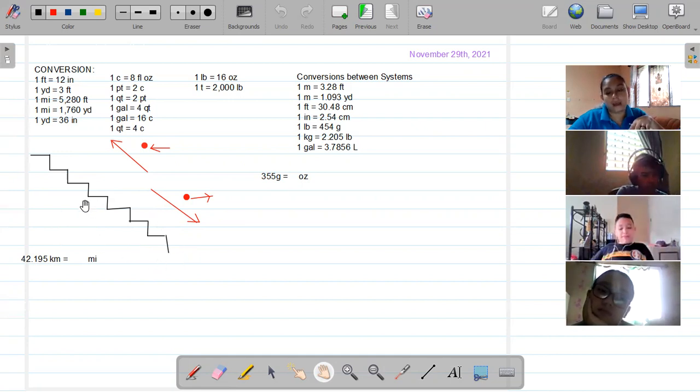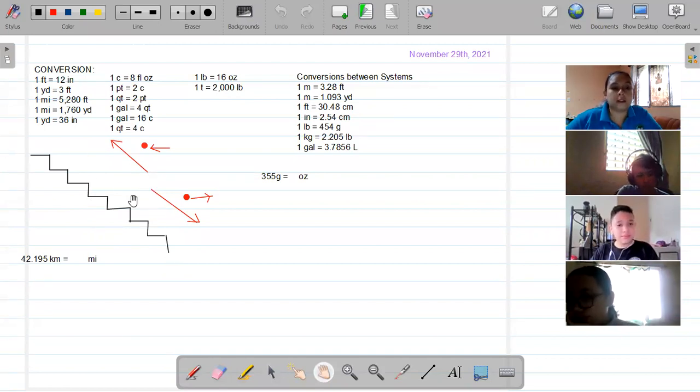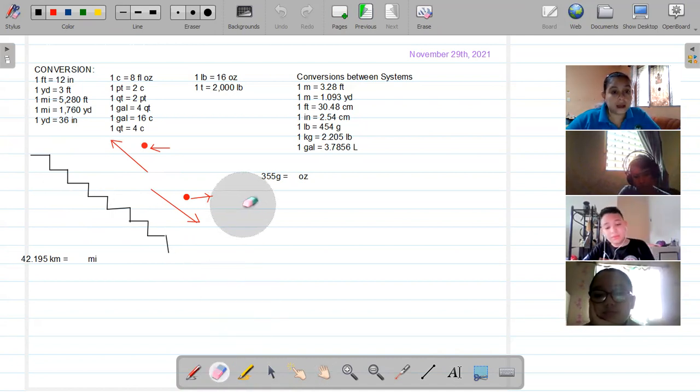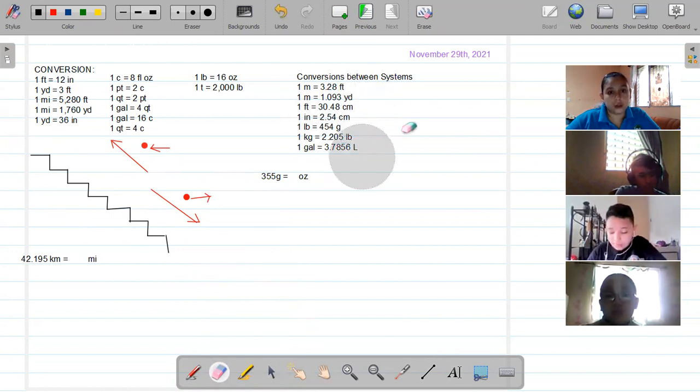In the middle, we got the main units, to the bottom, the small units, and to the top, the big units. If we were going from one step up, then we had to move the decimal point to the left. And if we were going from one of those steps down, then we move it to the right, okay? And now I give you new conversions, okay?